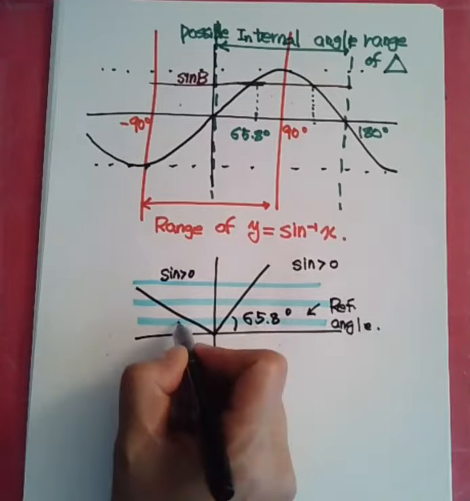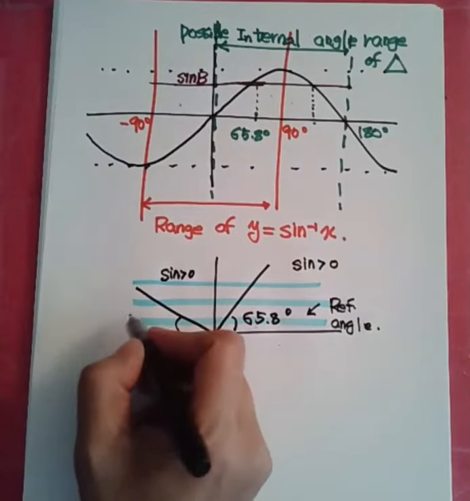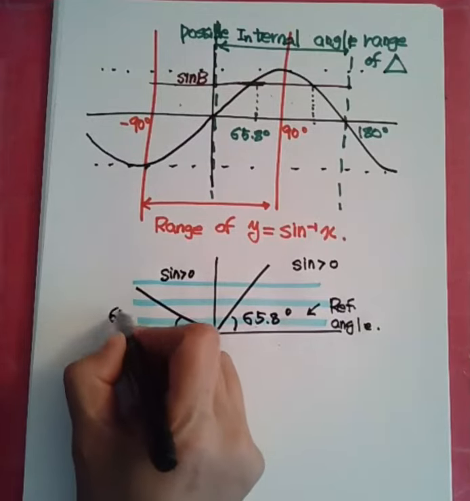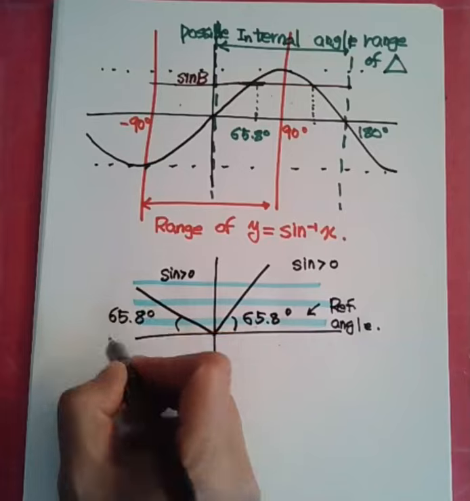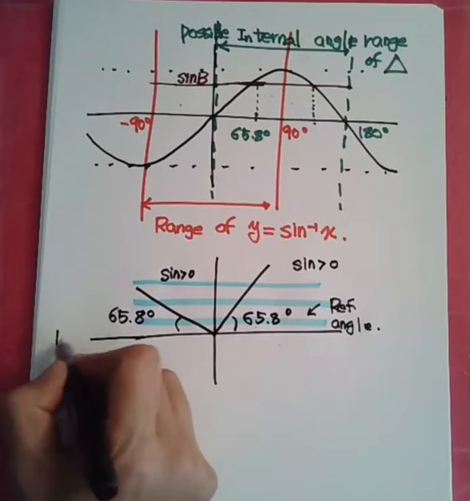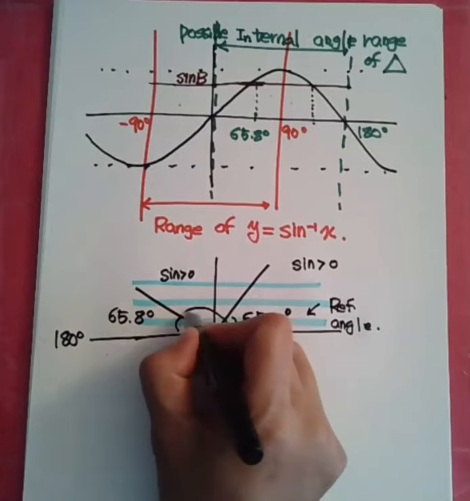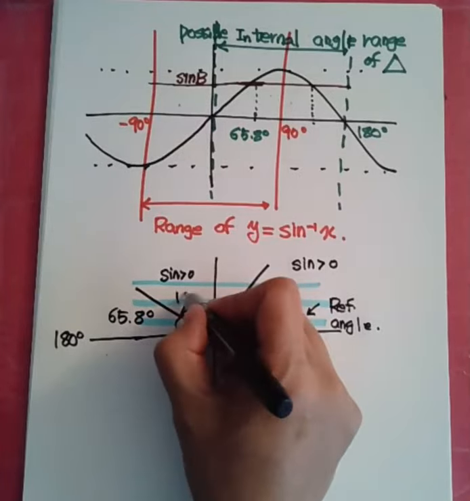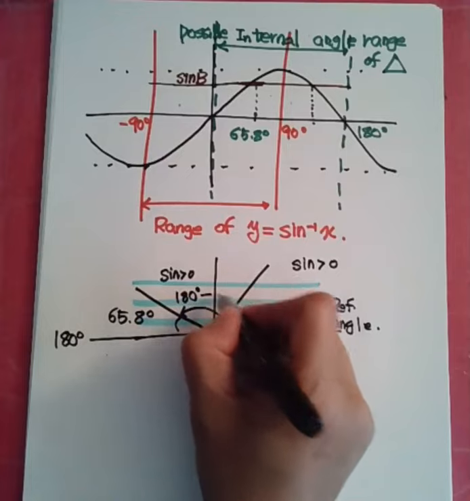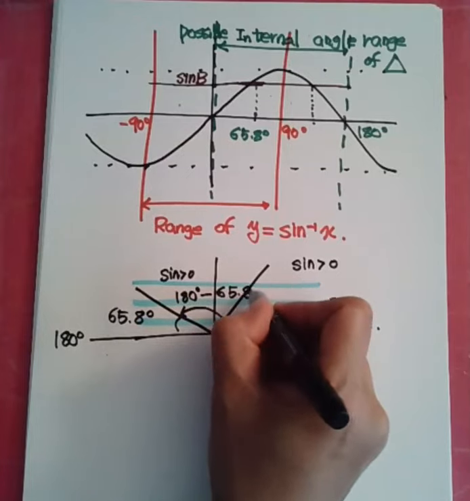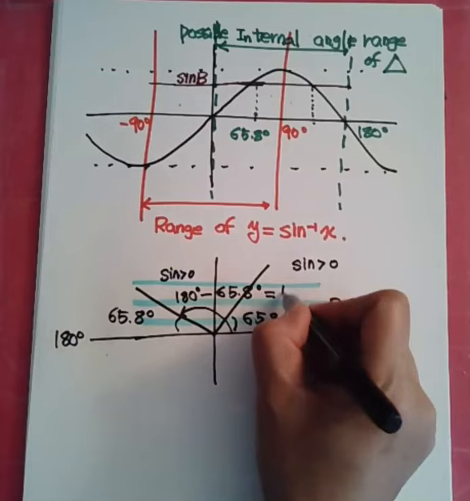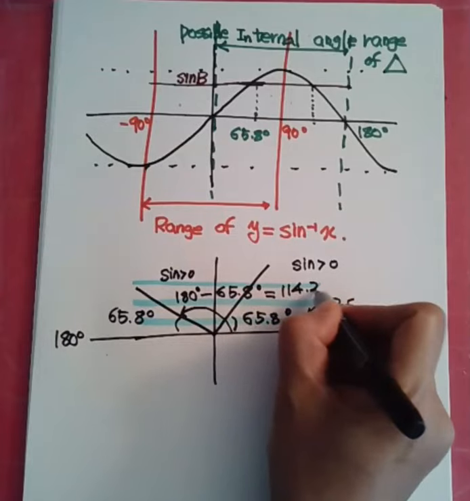So we relocate it here, then that is 65.8 degrees, and this is 180 degrees. So this angle is 180 degrees minus 65.8 degrees. That equals 114.2 degrees.